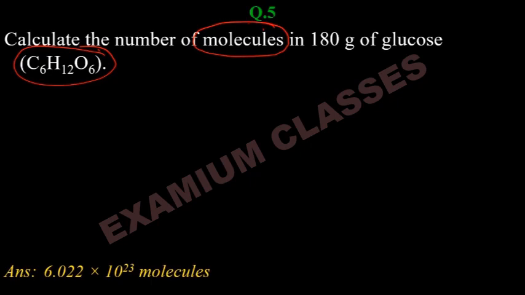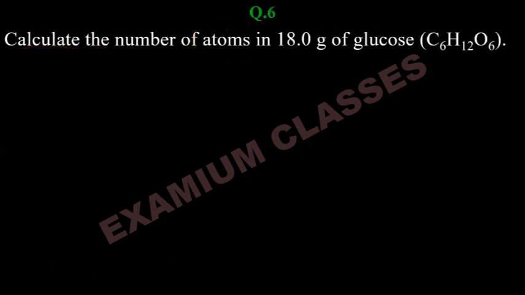Now if I change the question slightly, now I say how many atoms are there in 18 grams of glucose? Now the question is slightly tricky. We won't say in 180 grams it was 6.022 into 10 power 23, in 18 gram it will be 6.022 into 10 power 22 atoms. No, those many will be the molecules only.